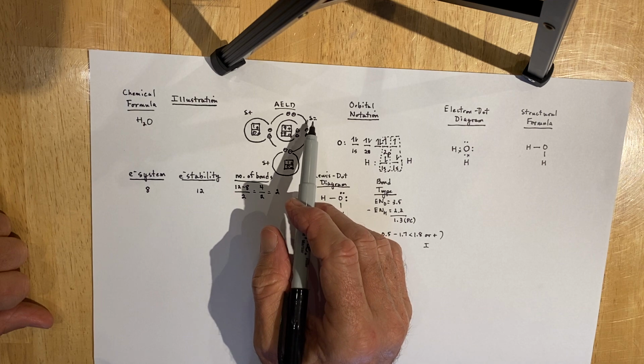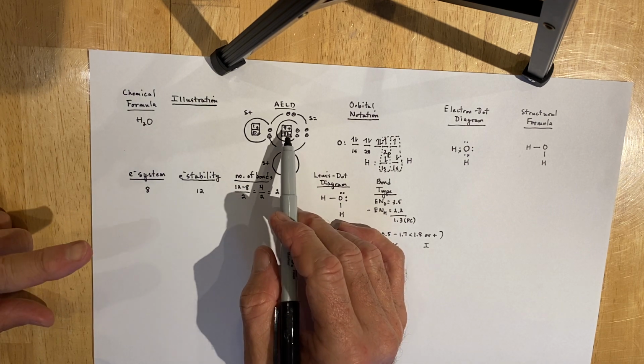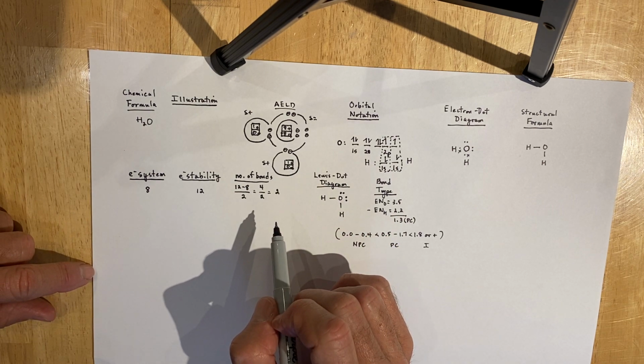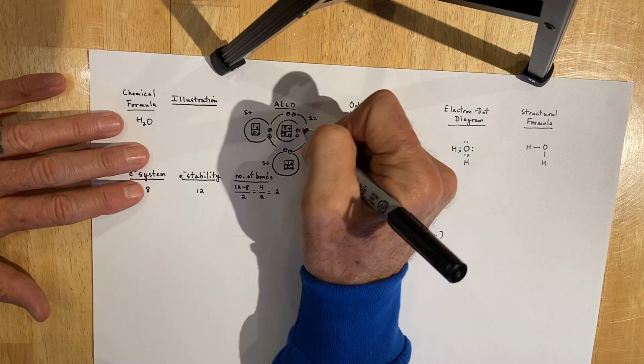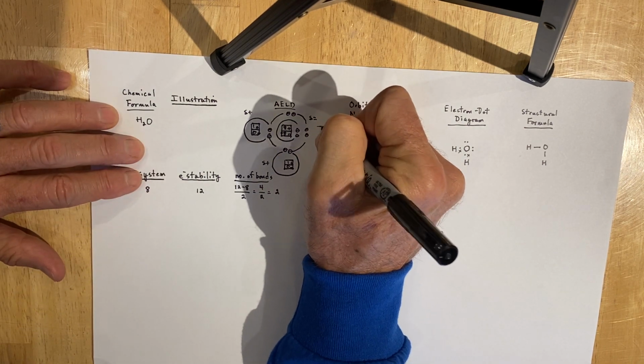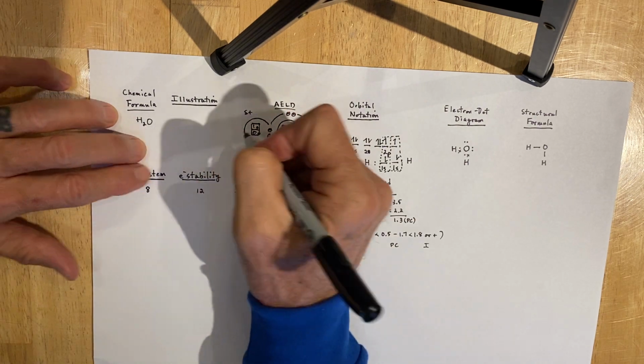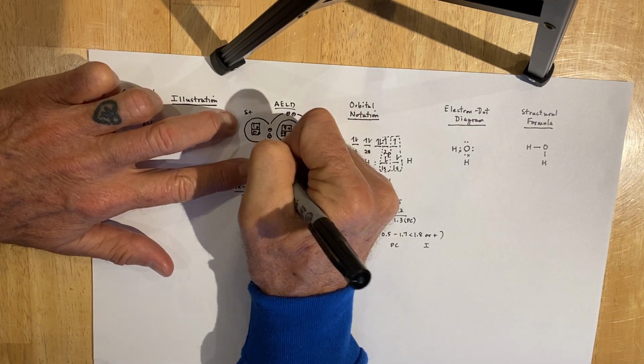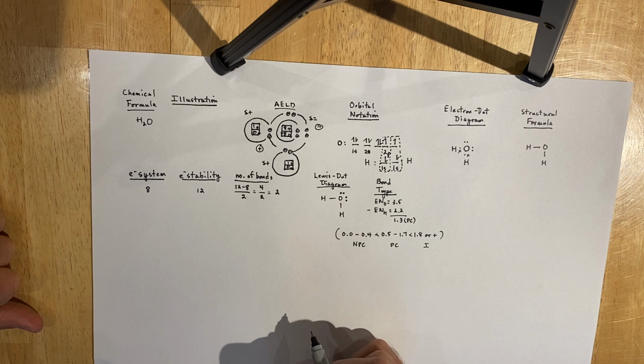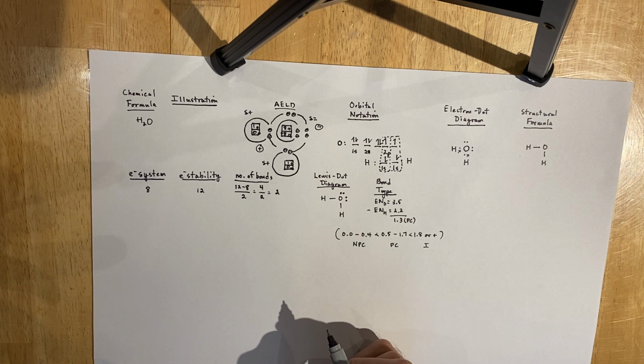I put a double negative sign here because you've got two electron pairs being pulled closer to the oxygen. In real terms, what that means is one region of the molecule becomes negatively charged and the other region becomes positively charged. So we've actually set up a dipole.